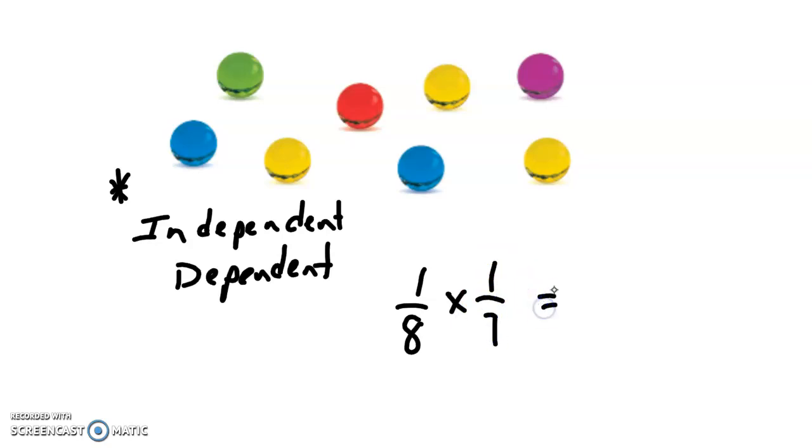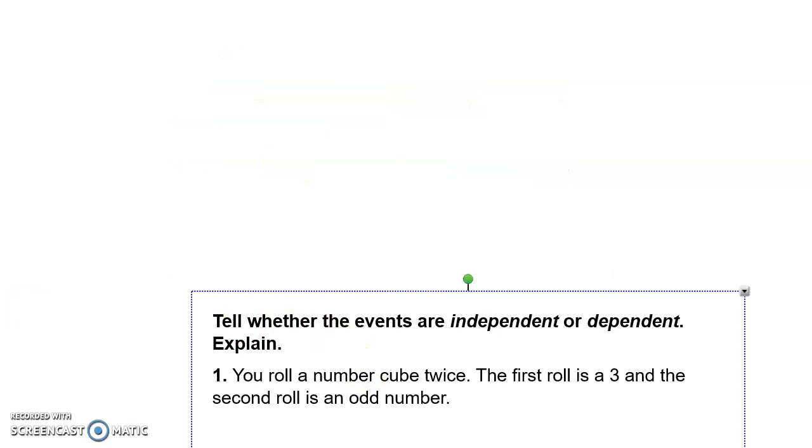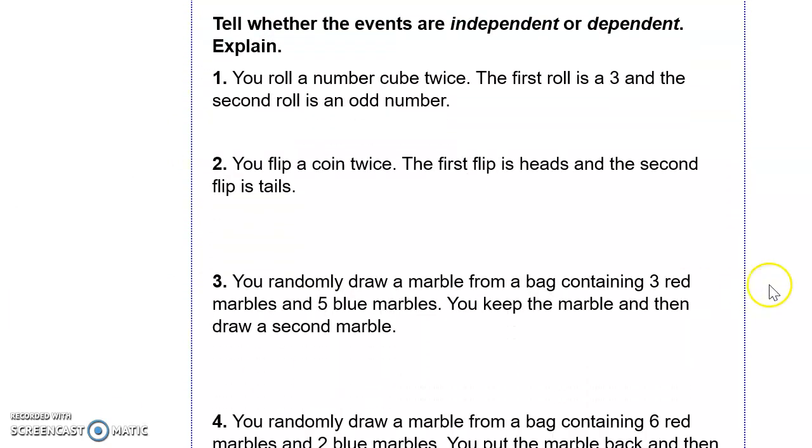So what's my probability of going purple then red? 1 out of 56. And then, of course, I can convert that into a percent if I want. Okay? So what we want to do is identify whether some items are going to be independent or dependent.